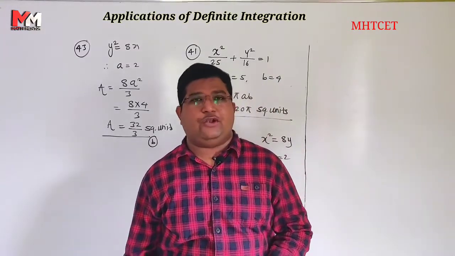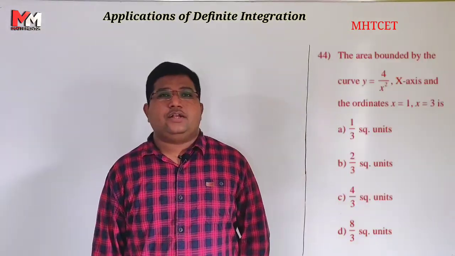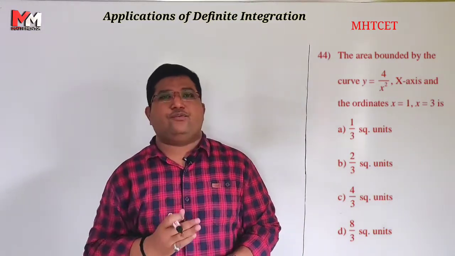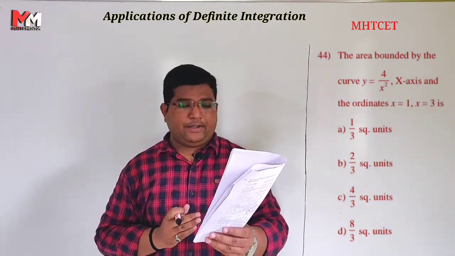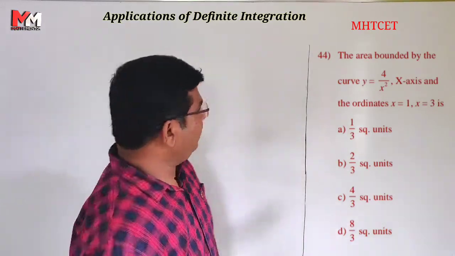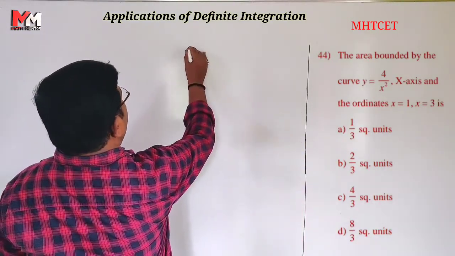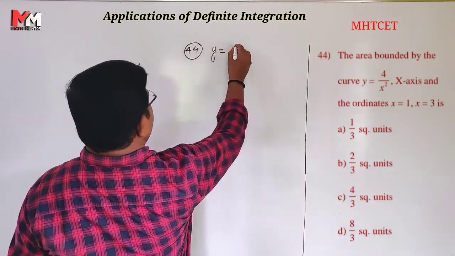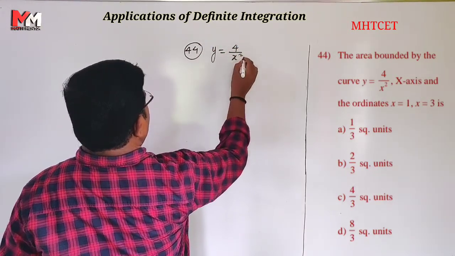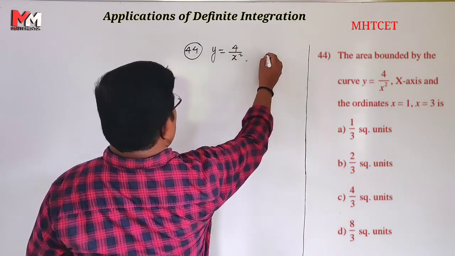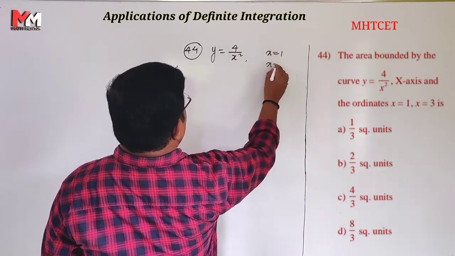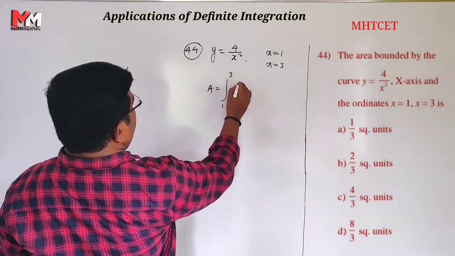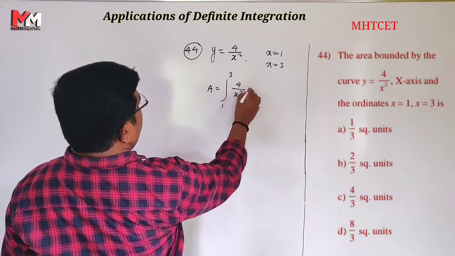We'll take 44 and 45 last. Now let's finish the last two MCQs, 44 and 45. In MCQ number 44, the area bounded by the curve y is equal to 4 by x square, very simple, and the ordinates x is equal to 1, x is equal to 3. So the required area is the integral from 1 to 3 of 4 by x square.